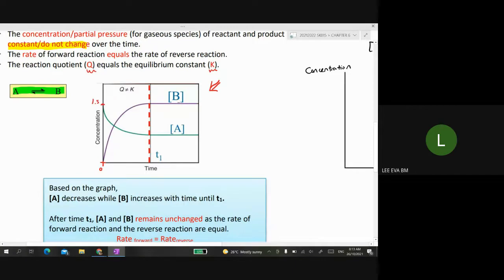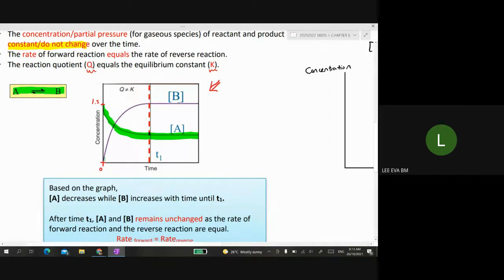So there is some value for the concentration of your reactant A. Okay, so when time goes by, your concentration of reactant A will decrease because the reaction happens. So the concentration of A decreases over time until one point, time t, the concentration of your A remains constant. So that is the characteristic of the first point just now. Okay, concentration of A remains constant.